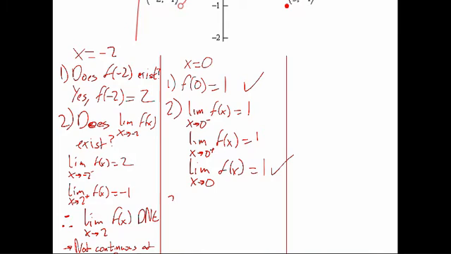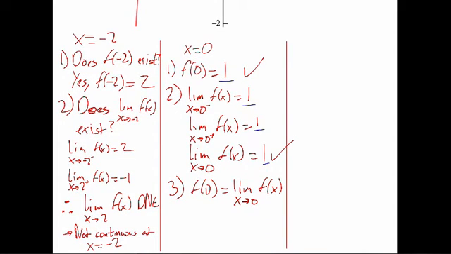Good so far. Step 3, we're going to say, does f of 0 equal the limit as x approaches 0 of whatever the function is? Well, looking at this, it was a 1 when we plugged it in. We had the left and right limits, and therefore the overall limit's a 1. It's all the same number.